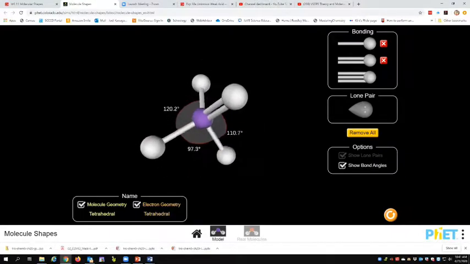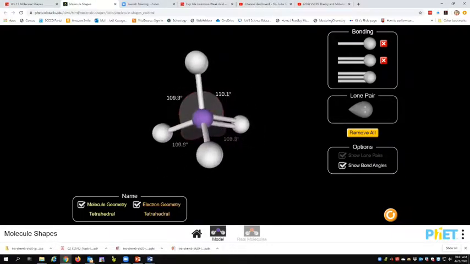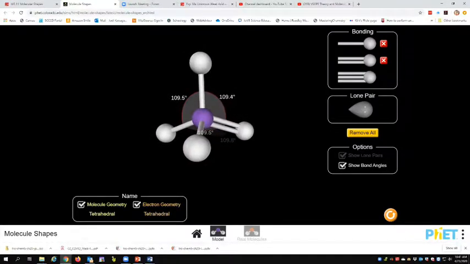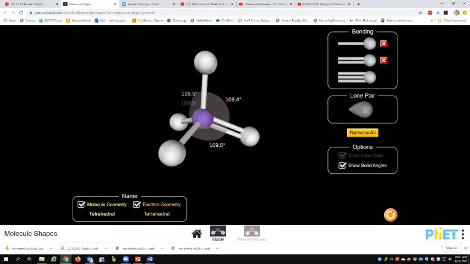Tetrahedron, so tetrahedral. So that's our electron geometry. And then instead of talking about bonding groups versus non-bonding groups, ask yourselves, are there any lone pairs? Are there any lone pairs here? No. Then it's just the same.